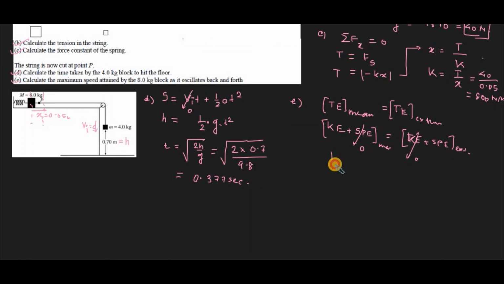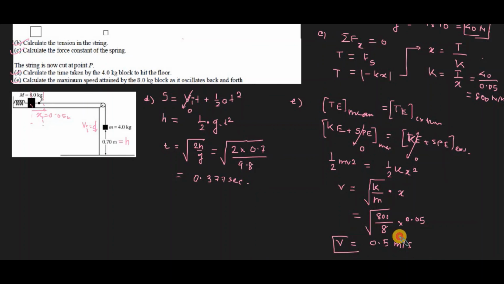Now kinetic energy is half m v squared, and that is equal to half k x squared. To compute the maximum speed v, we have v equal to square root of k upon m, into x. Here we are getting 0.5 meter per second, that's the maximum velocity.